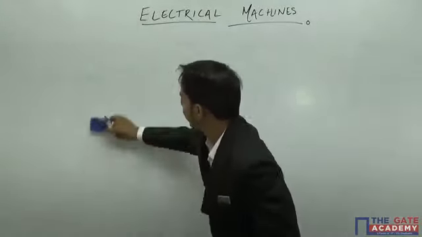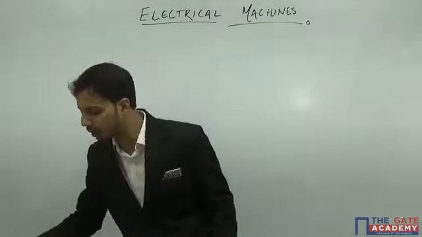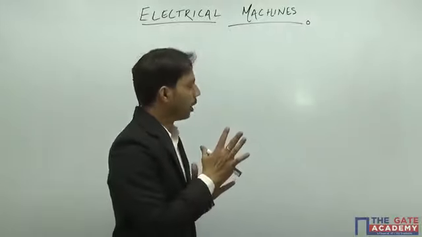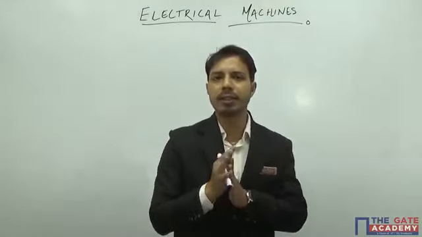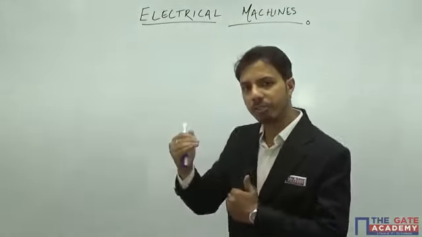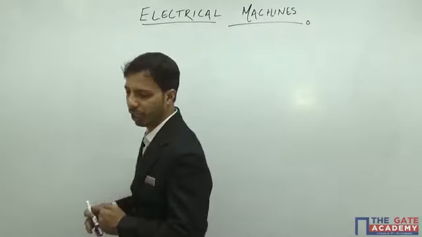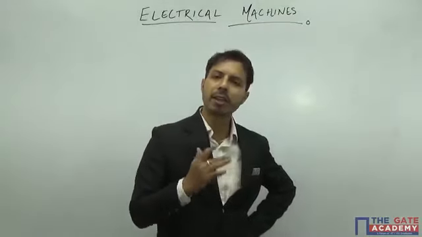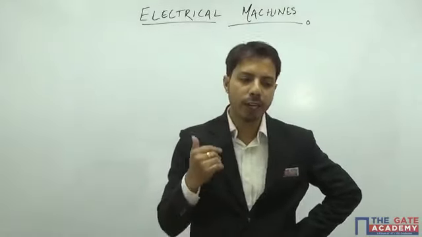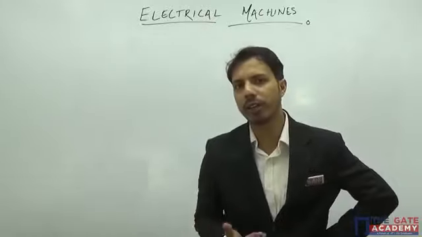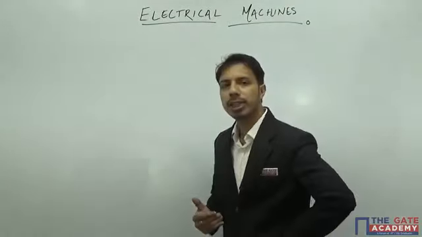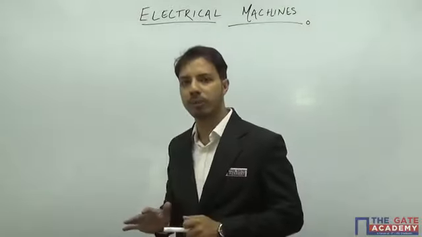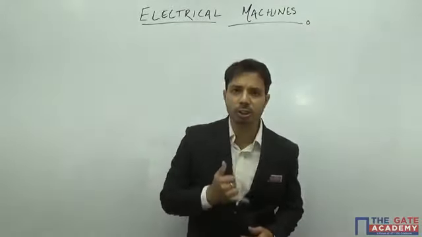Now what else is there to understand for electrical machines? The next important thing is to understand the relation between electric field and magnetic field. It was a breakthrough in the 1800s. Before the starting of the 1800s, it was believed that there is no relation between electric field and magnetic field, and it was a very strong belief.